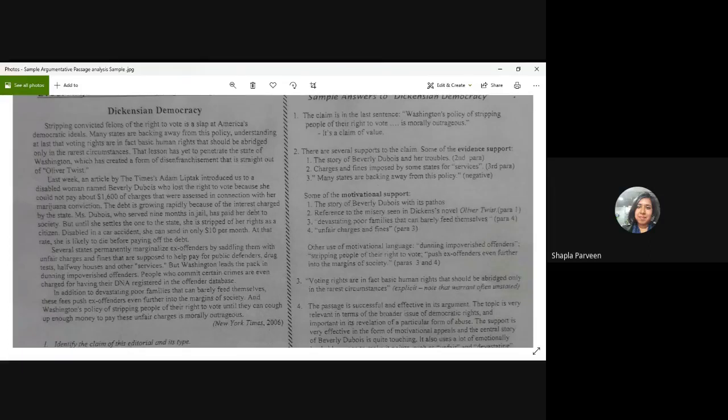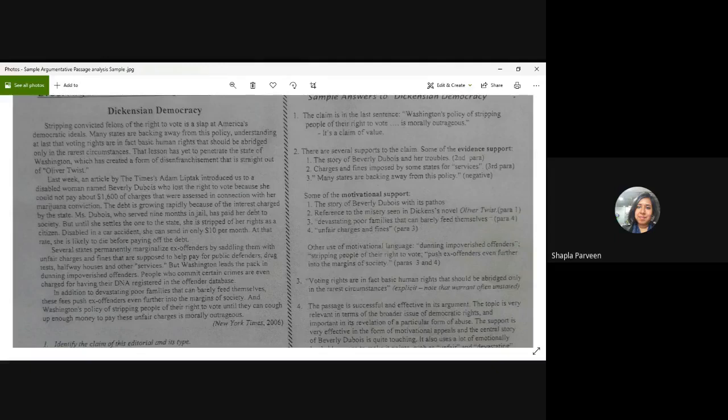Like the unfair treatment of the state of Washington towards its citizens. Okay, the unfair treatment of citizens. Yeah, you can say that.